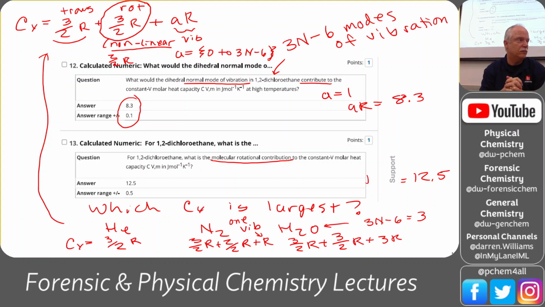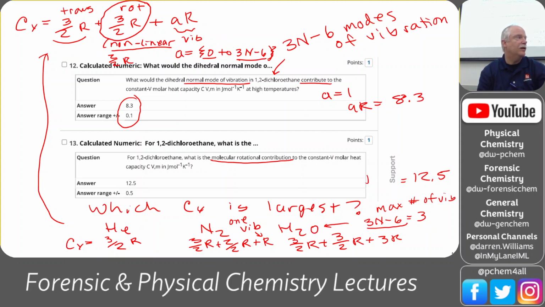So that's a good question. For water, there are 3 vibrations. And I know that because of this 3n minus 6. This is calculating the max number of vibrations. So A goes from 0 to 3n minus 6, with A being the active vibrations.